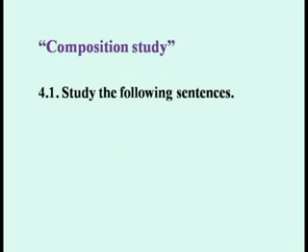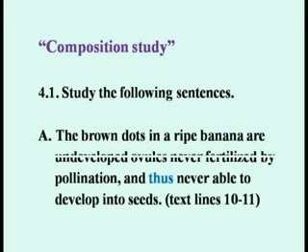The next activity is composition study. So, study the following sentences. The brown dots in a ripe banana are undeveloped ovules, never fertilized by pollination, and thus never able to develop into seeds. Test lines 10 to 11.